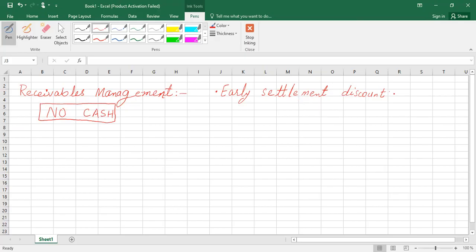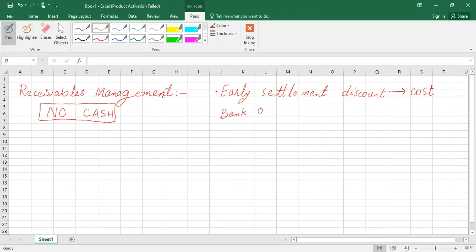Early settlement discount is basically a cost for the company. Company would have to bear this cost. Why? Because company wants to recover quickly or early from the receivables. So what alternative company has? Company has alternative of bank overdraft.